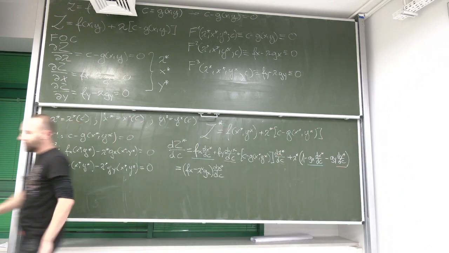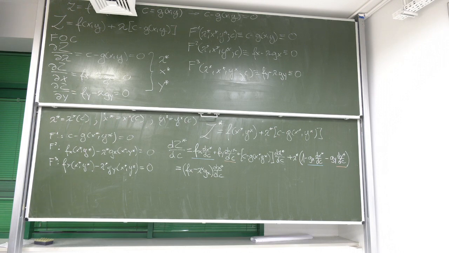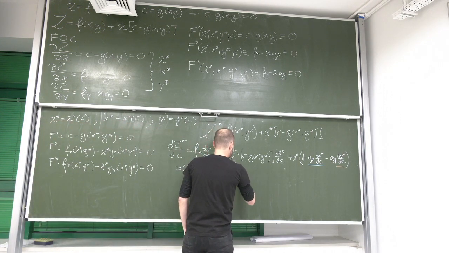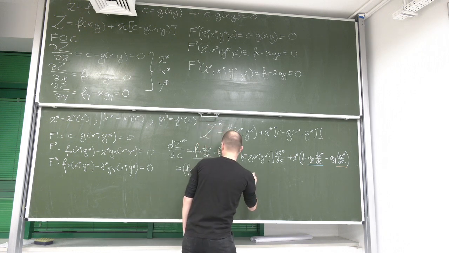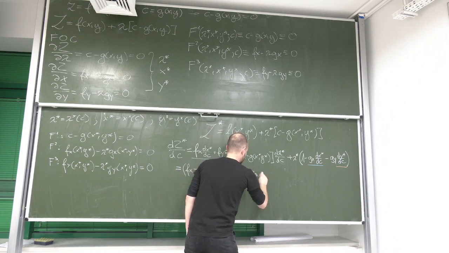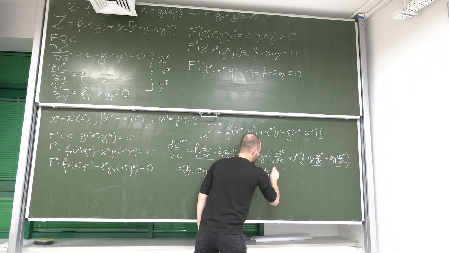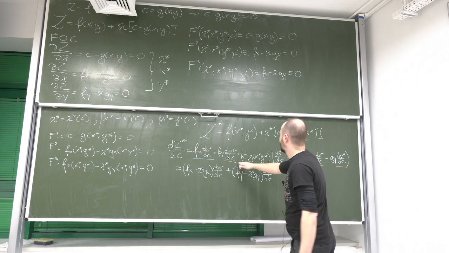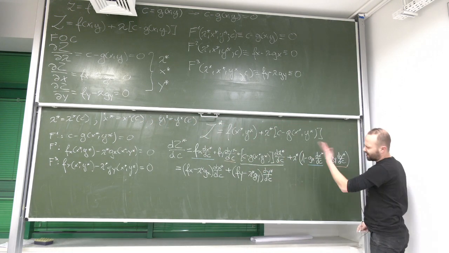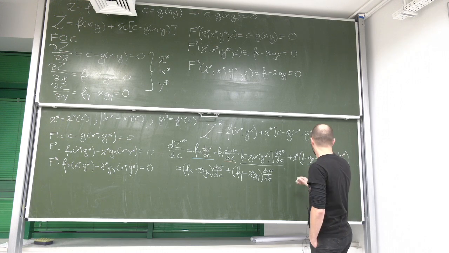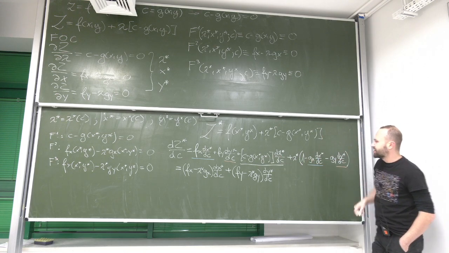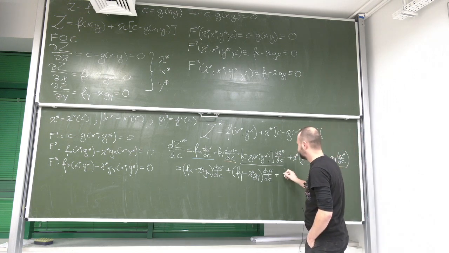Okay, why do we not put them together? So we will have plus f_y minus lambda g_y times dy/dc. Okay, and finally, the last expression that we've got over here, right? It doesn't need any changes, right?